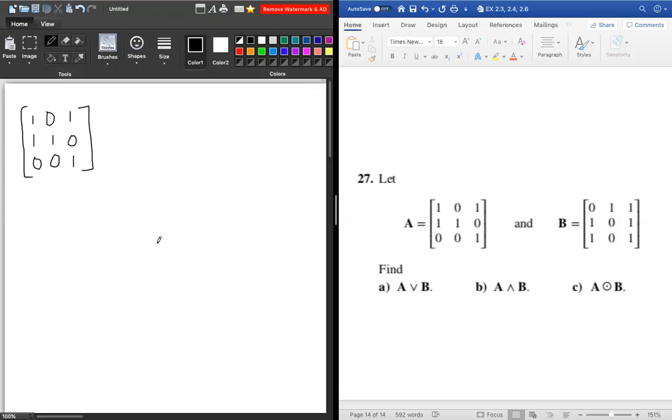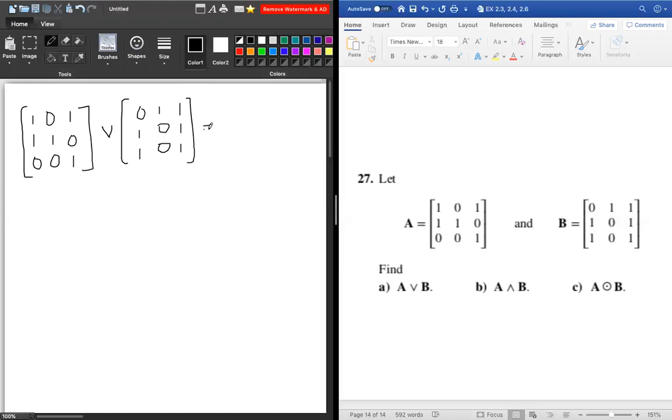And then we are doing the A part here, so it's A union B, where B is 0 1 1, 1 0 0, and 1 1 1.